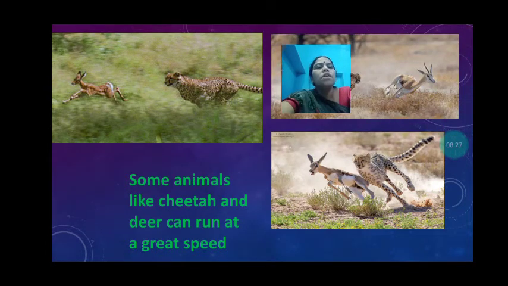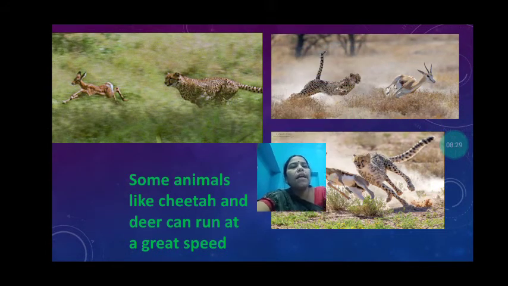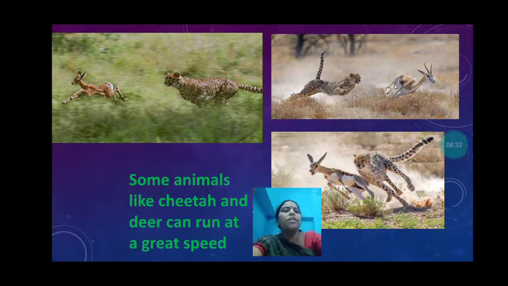Now, some animals like cheetah and deer can run at a great speed. So the animals use their limbs to run very fast. You know that cheetah and deer run at a great speed, and with the help of the limbs they run fast.